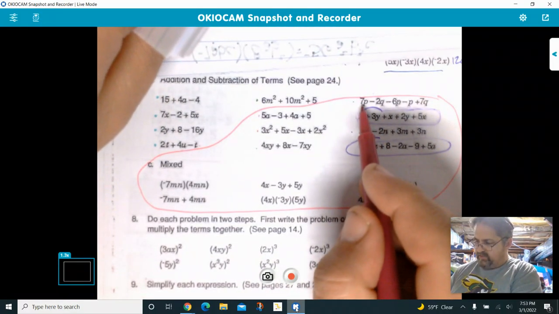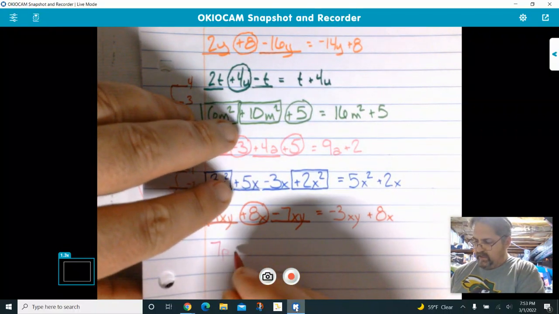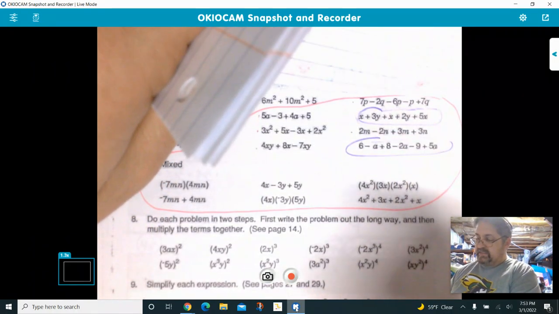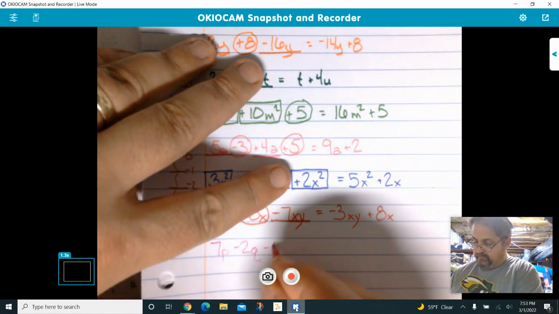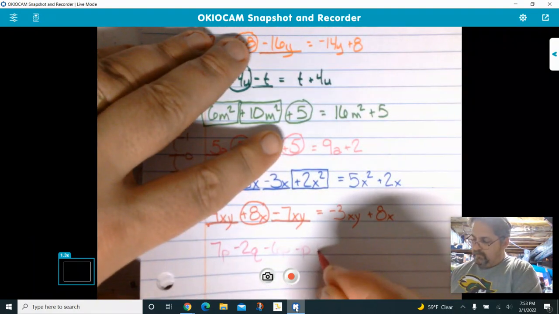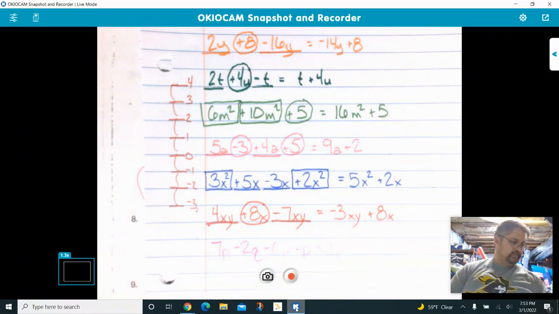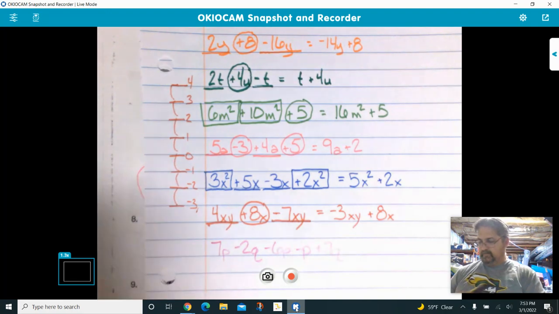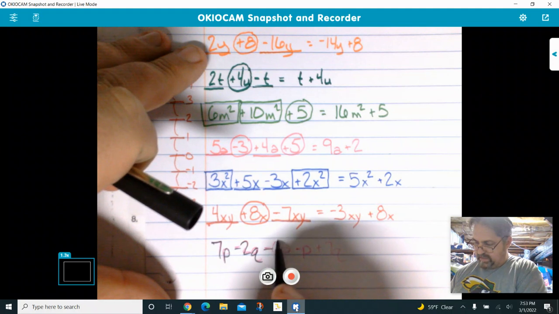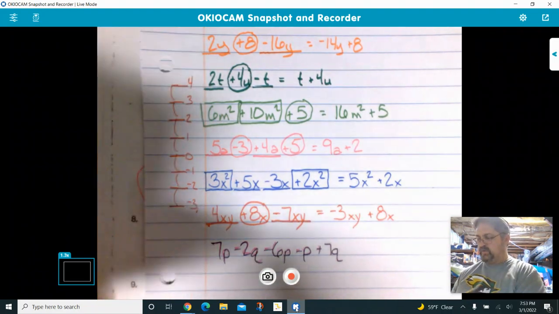I was going to do this one with you. 7p minus 2q minus 6p minus p plus 7q. This marker is starting to run out of ink too. Okay.